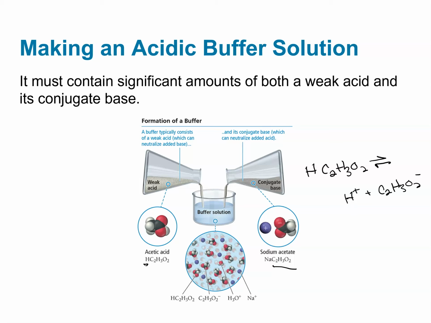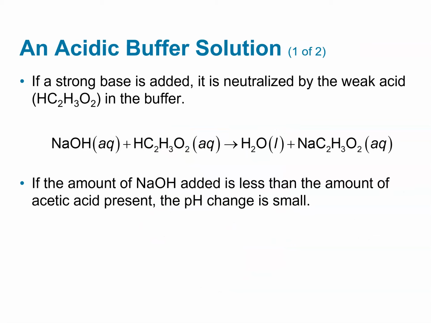Because of the reversibility of the acetic acid dissociation, you're going to have non-dissociated acetic acid, and you're going to have acetate from the dissociation of the acetic acid and the dissociation of the sodium acetate. You'll also have the dissociated acetic acid reacting with water to form hydronium, and we'll have free sodium cations. So this is all going on in your acidic buffer solution.